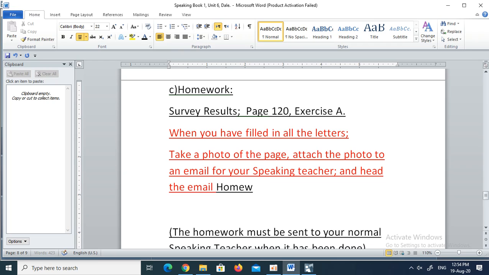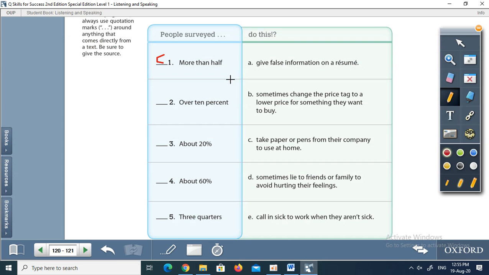Okay, so where there's a heading for the email, just put in homework. And so he will see that page with your answers filled in.